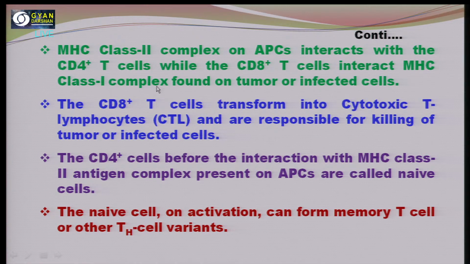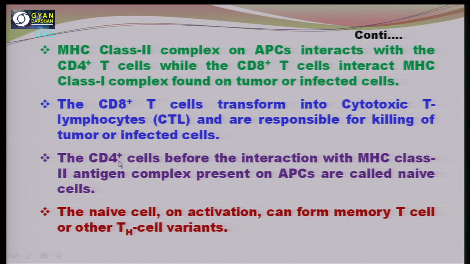MHC class I is found on tumor or infected cells. The CD8 T cell transforms into a cytotoxic T lymphocyte, which is responsible for killing the tumor or infected cell.